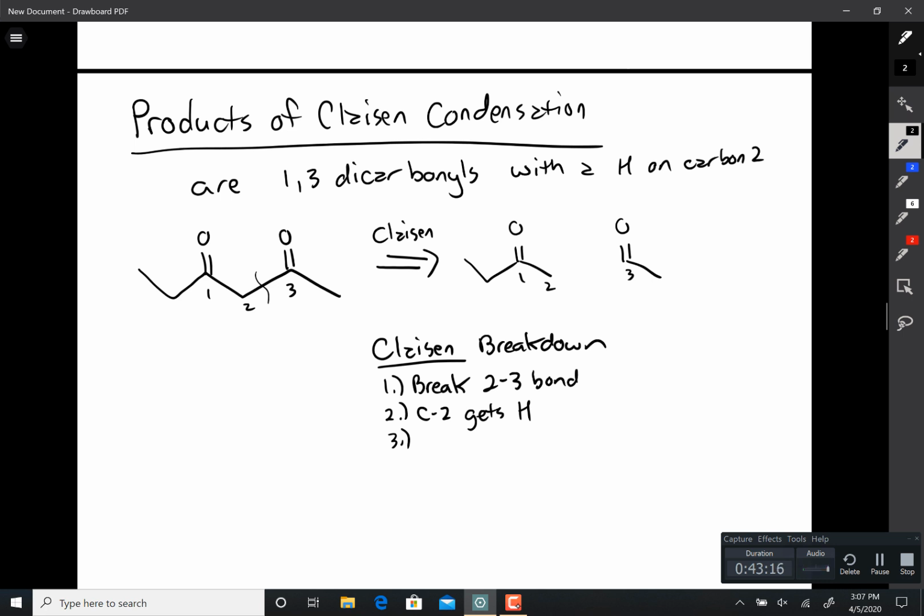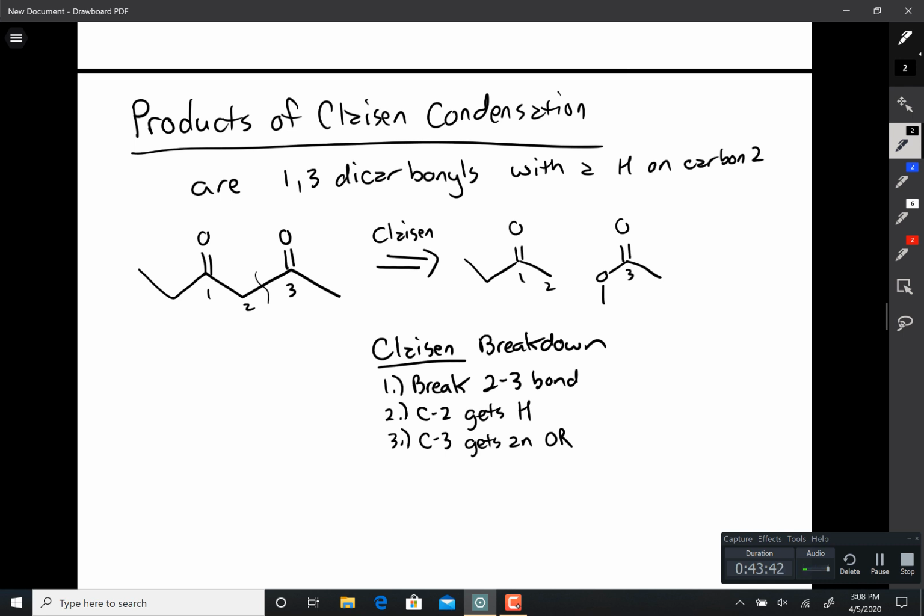Where they differ is the 3rd step. Carbon 3 gets an OR group of some kind, like an OMe, an OEt, or this could be actually a huge group. Nature uses proteins as the R group in this reaction.